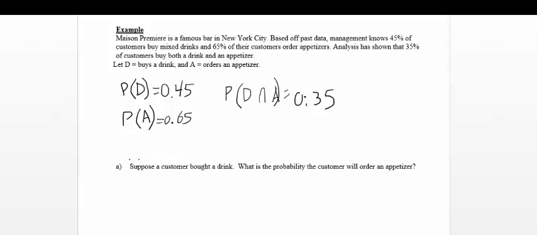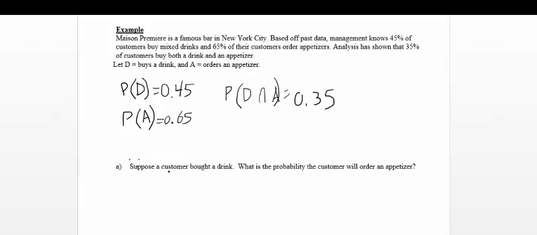Now we've got everything organized. Let's go ahead and check out A. Suppose a customer bought a drink. What's the probability the customer will order an appetizer? Before we begin any calculations, we always want to think about the probability statement. Obviously, I'm not requiring probability statements. I can't grade them since this is an online class, but creating the probability statements will help you so much with the calculations.